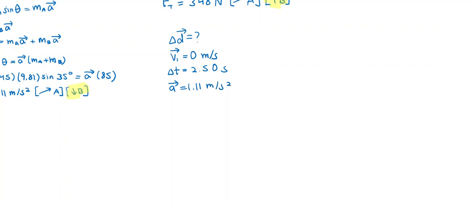And now we can just use one of the kinematic equations. We're going to use this one that doesn't have final velocity. This is 1/2 acceleration t squared. And then this can actually cancel out because our initial velocity is just 0. And now we can solve for displacement.